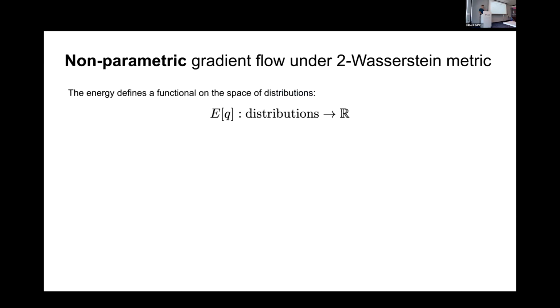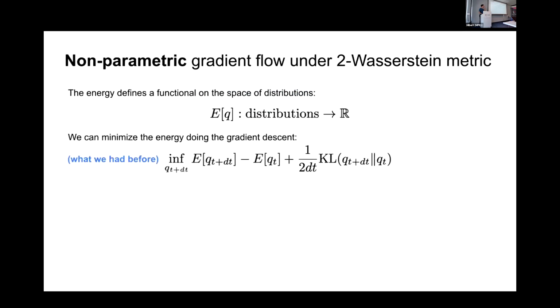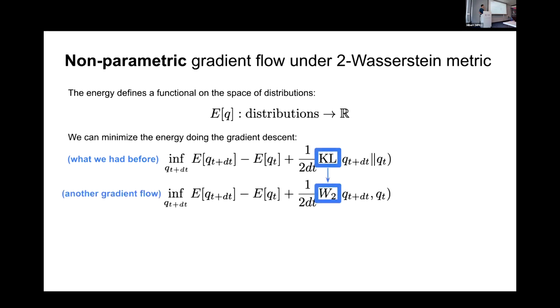Now I want to make a step back and just play around with this equation. This is what we had before, and we put the KL here. What if we put the Wasserstein distance here? We'll get another notion of closeness between distributions, right, based on optimal transport, which defines a distance, and so on and so forth.